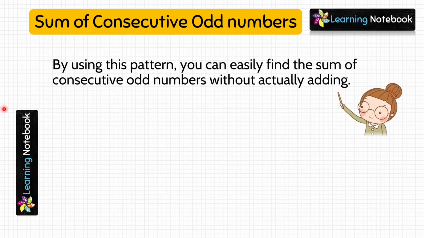Like if we have to add 3 consecutive odd numbers 1, 3 and 5. One way to add them is to simply do 1 plus 3 plus 5, which is equals to 9. Now another way to get their sum is by using the pattern of square numbers.